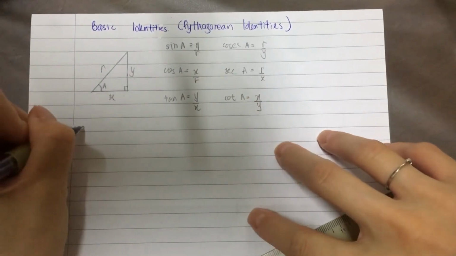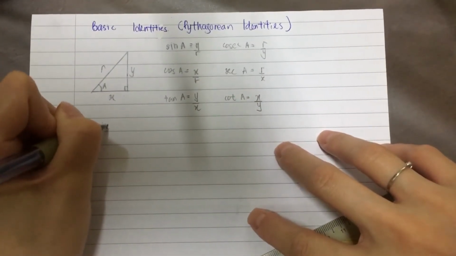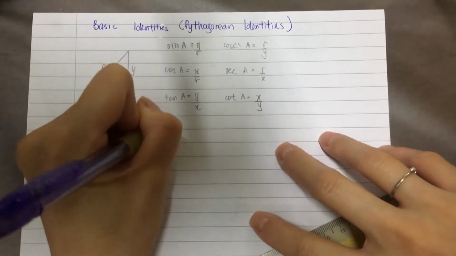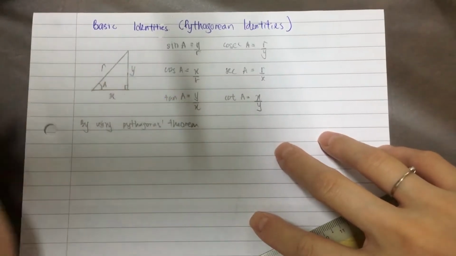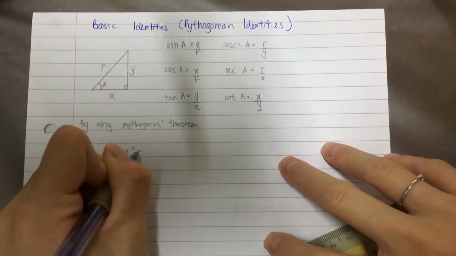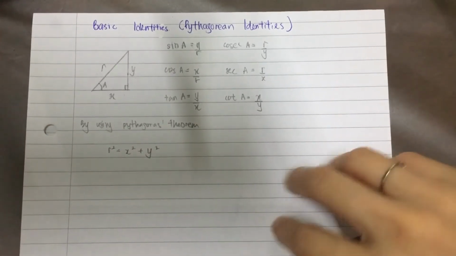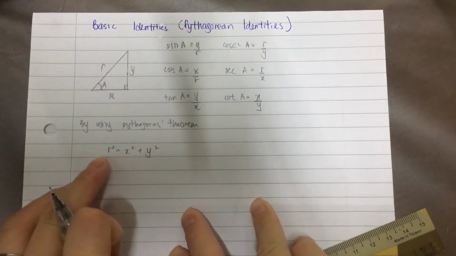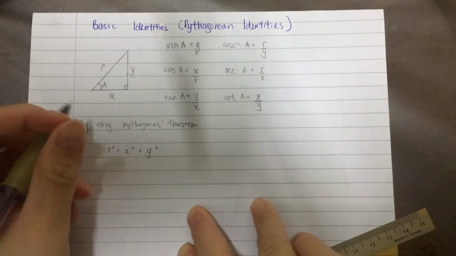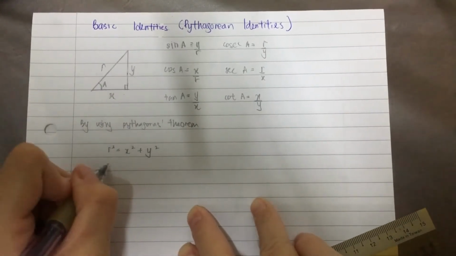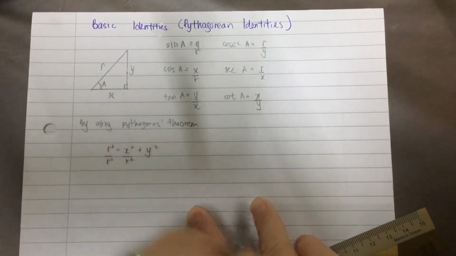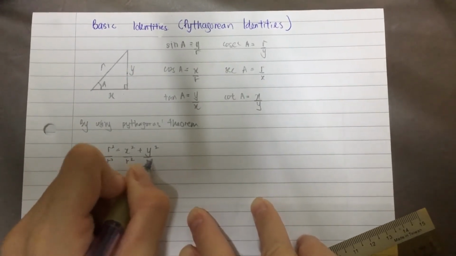So let's say by using Pythagoras Theorem, we know that r squared will be equal to x squared plus y squared. If we divide this equation by r squared first, we have r squared divided by r squared, x squared divided by r squared, and y squared divided by r squared.